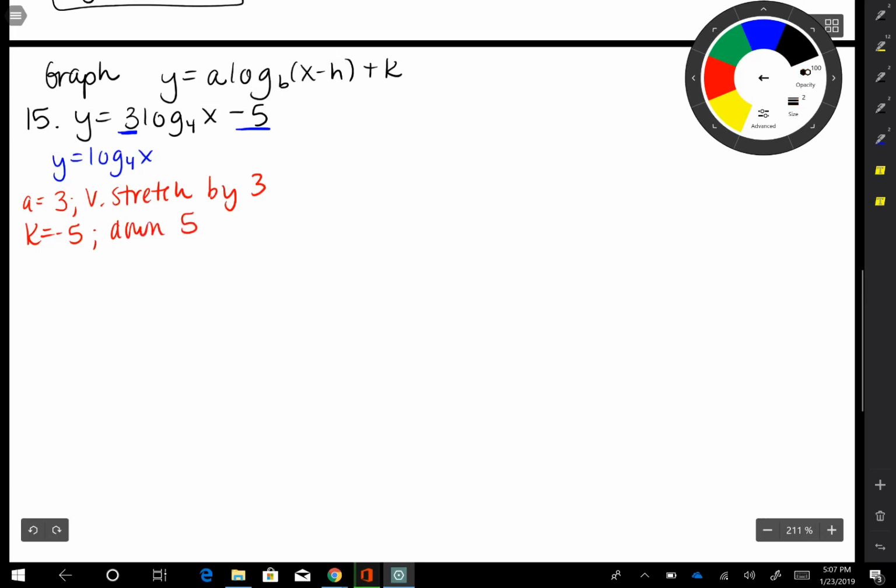Remember that every logarithmic graph has a vertical asymptote at x equals h. And in this case, h is 0 because I have not moved right or left. So my vertical asymptote is at x equals 0. Now I am going to just do a rough sketch of this graph when I draw it, okay?